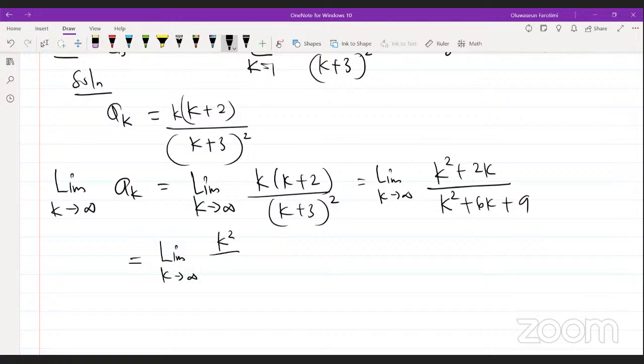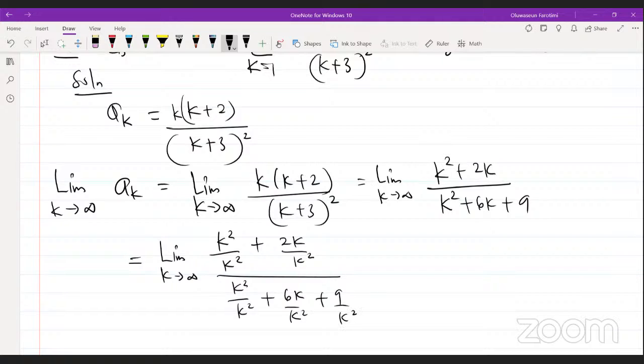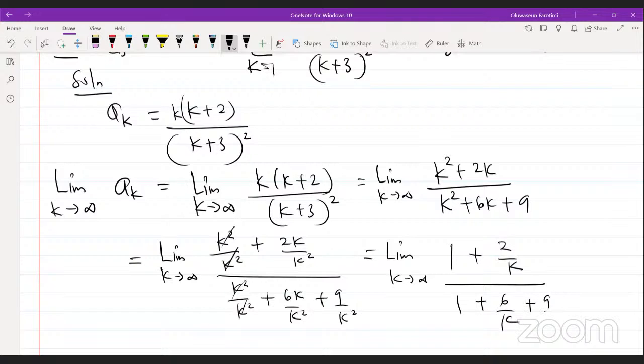Divide everything by the highest power of k, k squared: k squared over k squared, 2k over k squared, all over k squared over k squared, 6k over k squared, and 9 over k squared. You're left with the limit as k goes large of 1 plus 2 over k, divided by 1 plus 6 over k plus 9 over k squared.